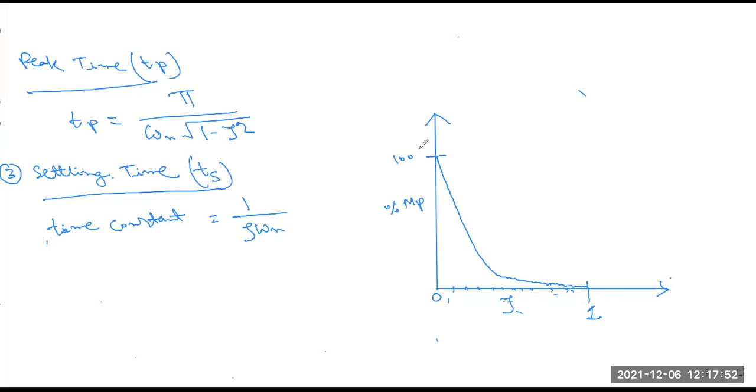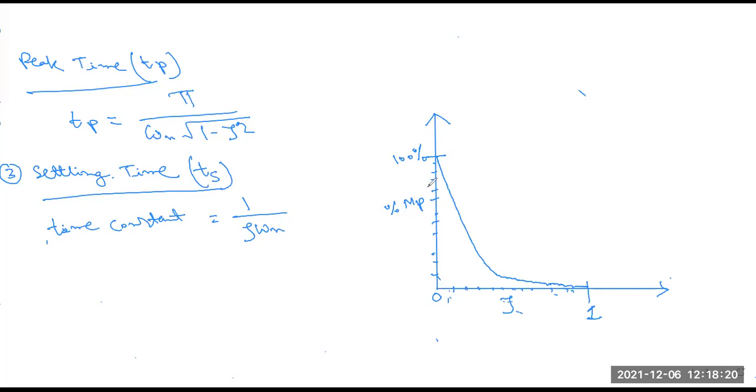These are the higher levels above 100%. These are the different steps: 0%, 10, 20, 30, 50, and so on. Any underdamped system has oscillations whose magnitude decays exponentially, with 1 by zeta omega n.